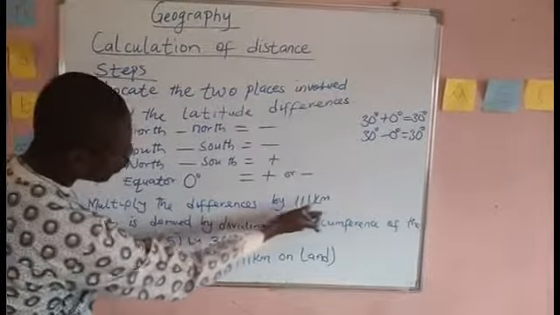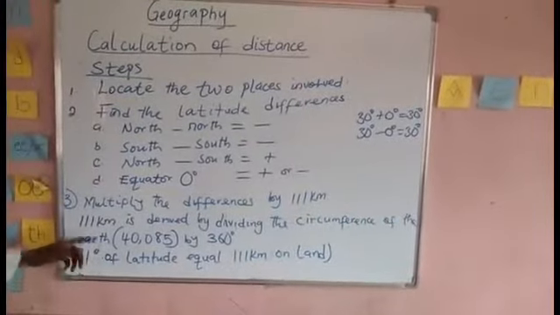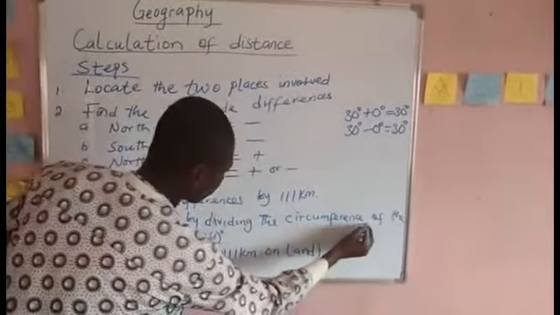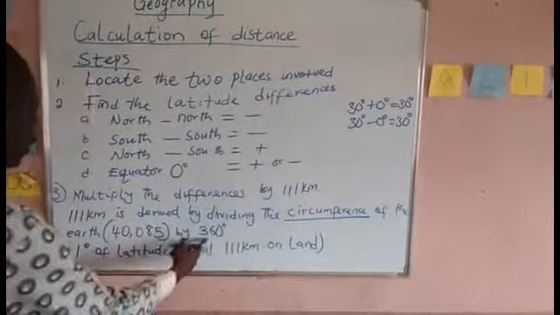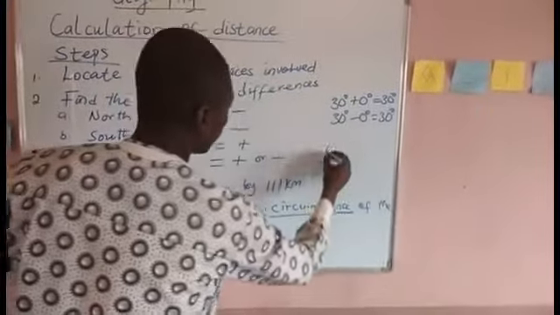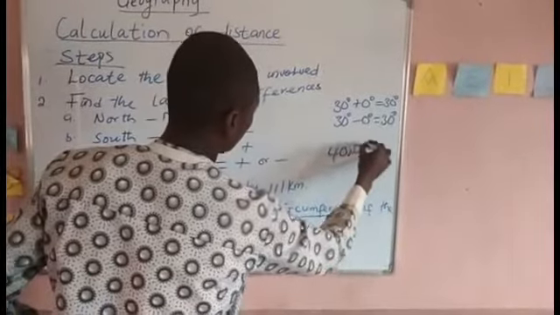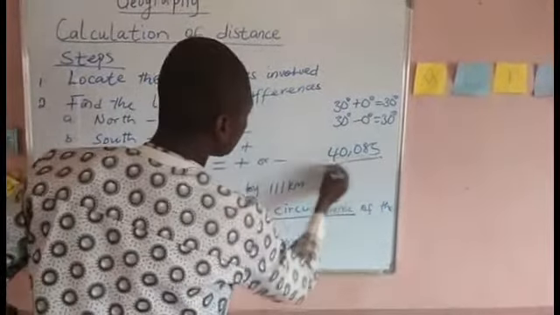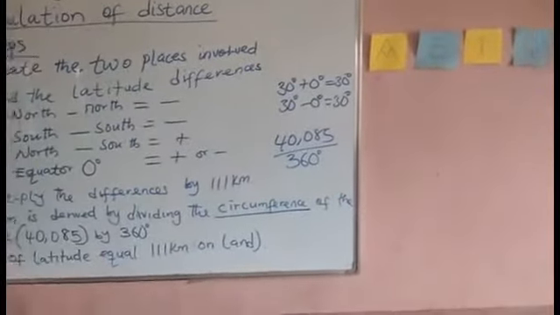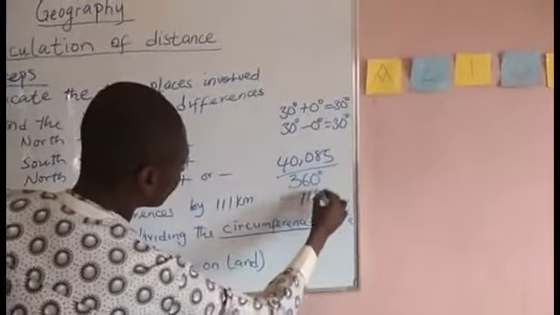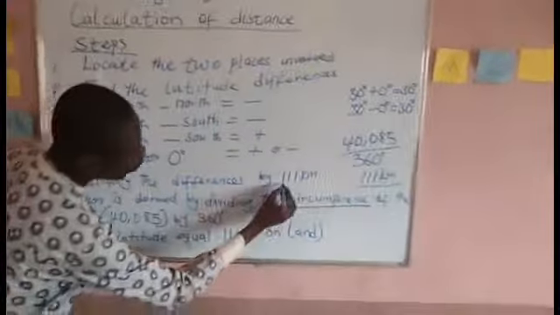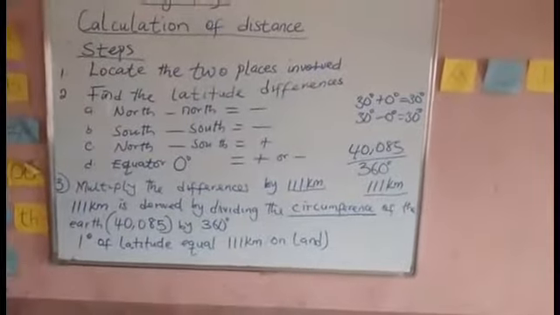Mr. Victor, where are you bringing 111 kilometers from? 111 kilometers is derived by dividing the circumference of the earth, 40,085, by 360 degrees, which is a whole cycle. You arrive at 111 kilometers. That is how we got 111 kilometers.